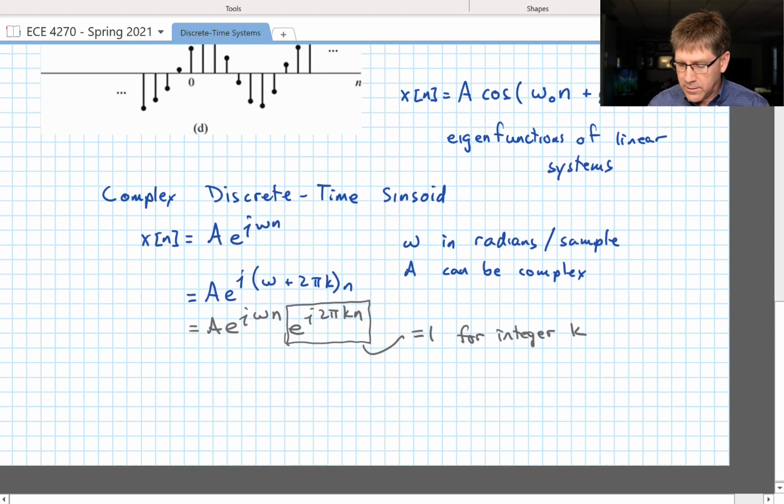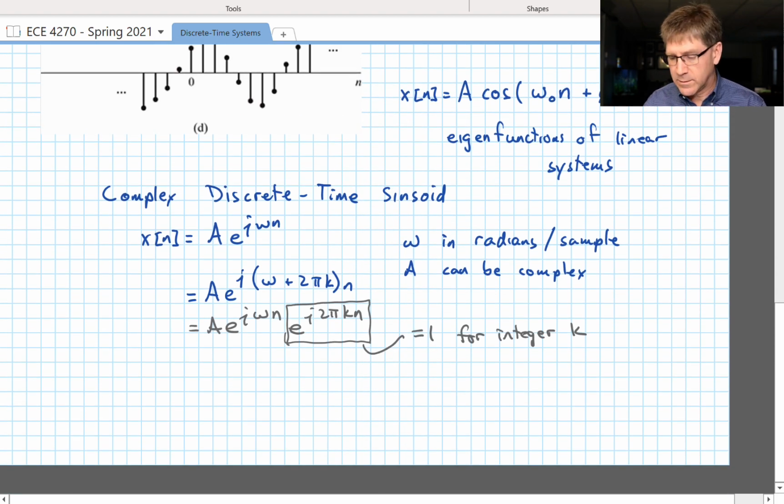And also for reasons somewhat lost in time and history, n and k tend to be variables that we use for integer values. So when you see a k, at least in this course, it's going to be an integer. So why is that? Well, we can take a look here. It's because of Euler's identity.